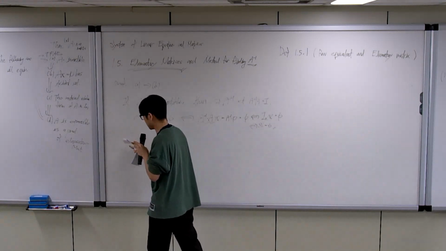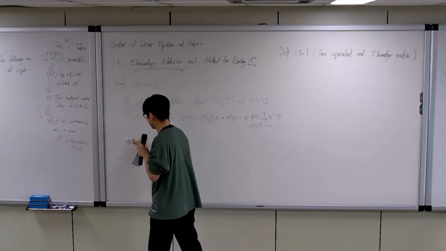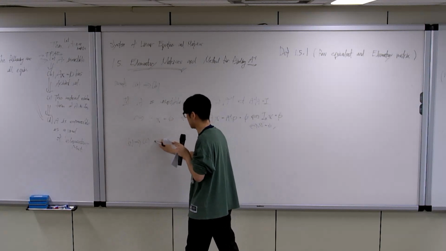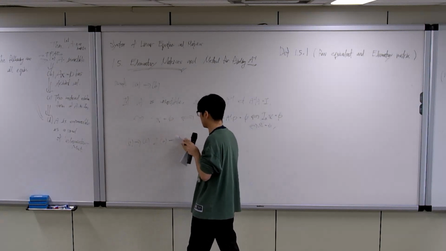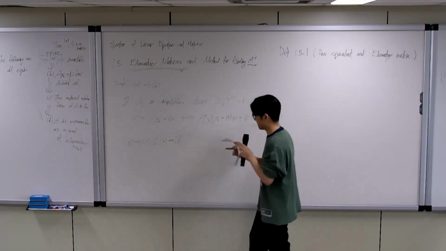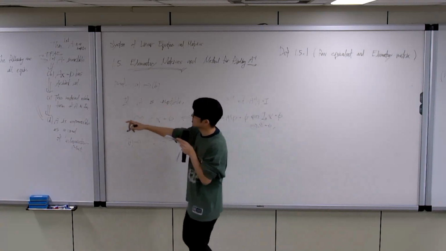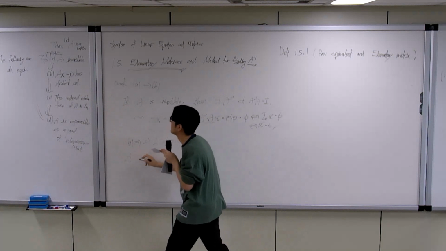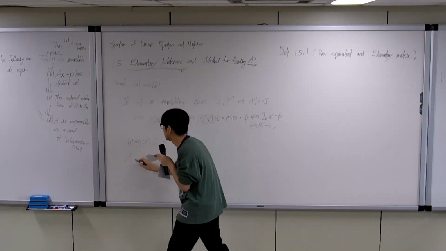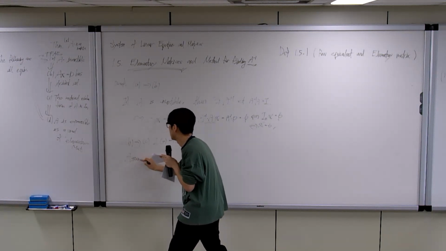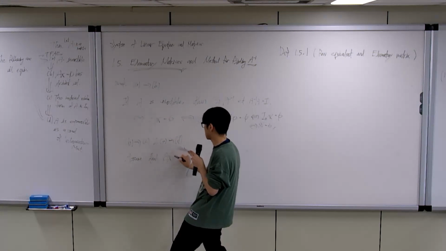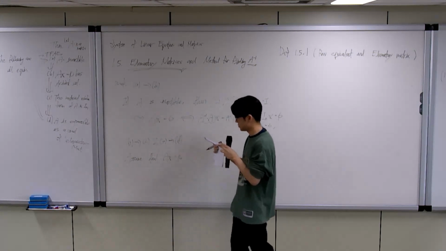And next, we will prove B to C and C to D. So first, I will assume the statement of B. Assume AX equals 0.